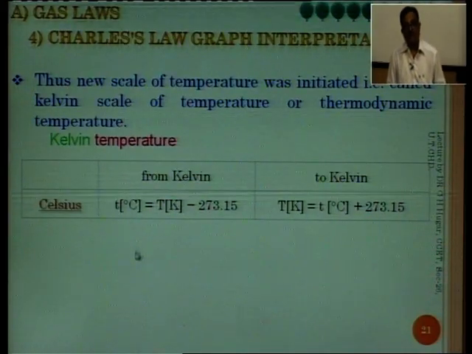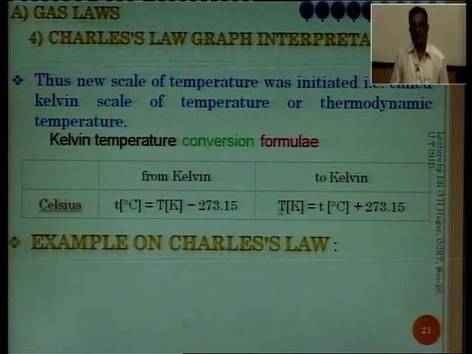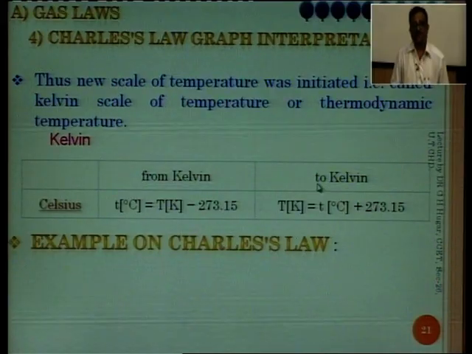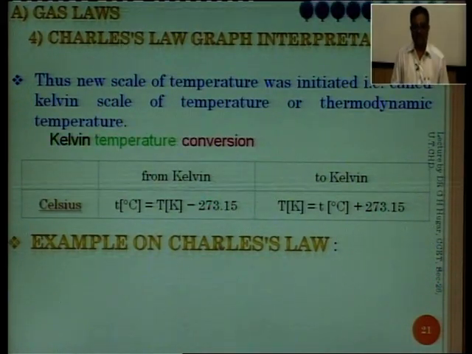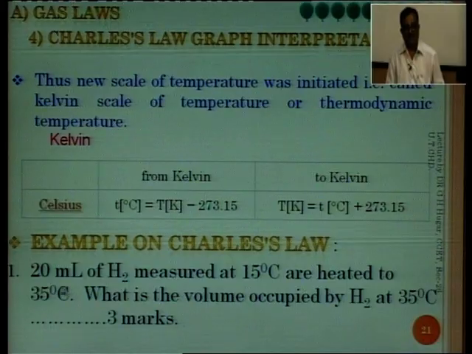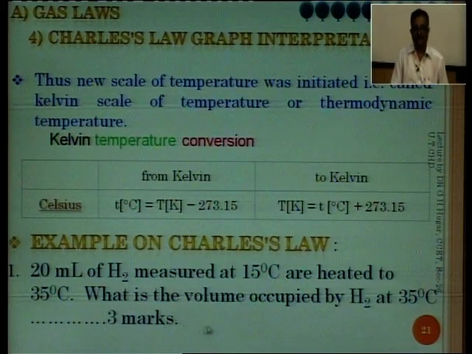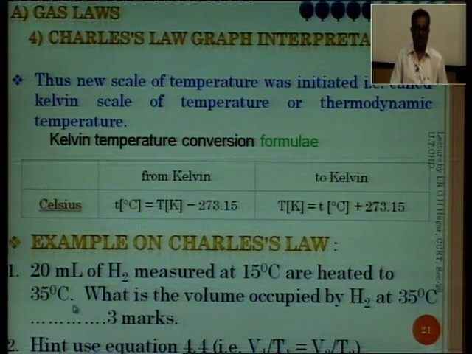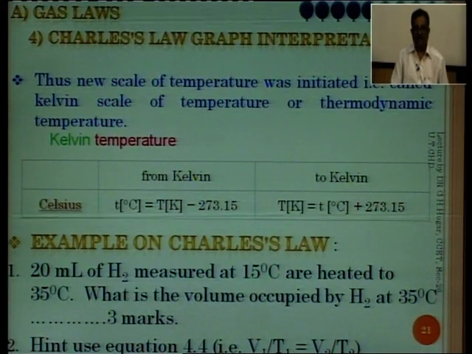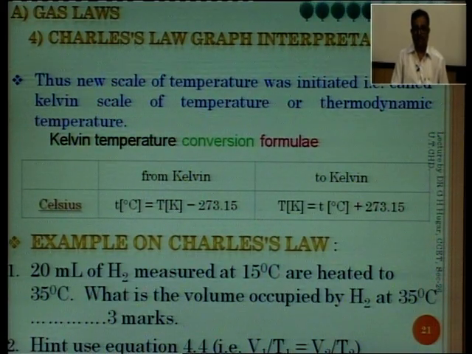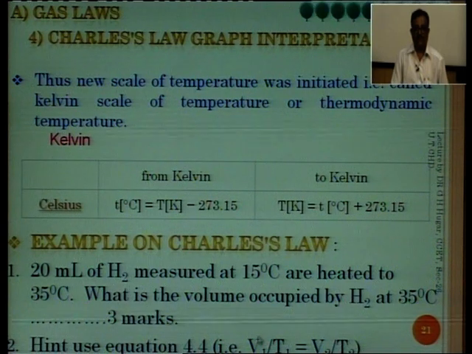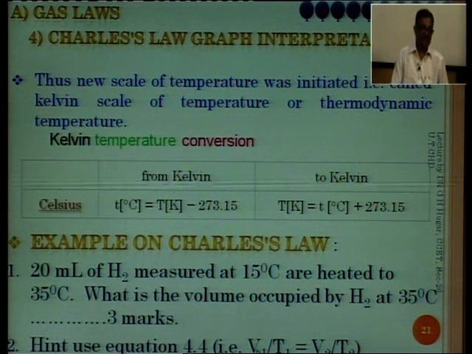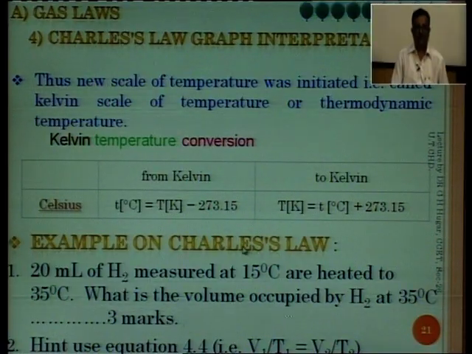So, this is how Kelvin was able to establish the unit of thermodynamic temperature, and there will be some examples, like 20 milliliter, which you have got to work out. These can be easily worked out with the help of the formula we just saw, V 1 upon T 1 equal to V 2 upon T 2, based on Charles law.